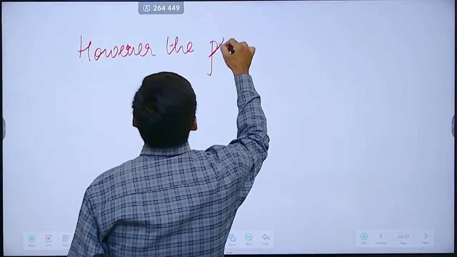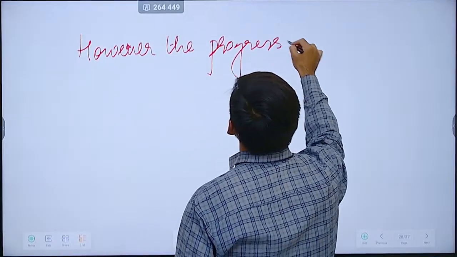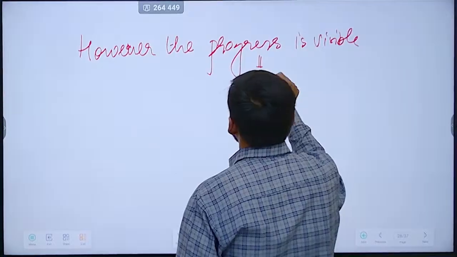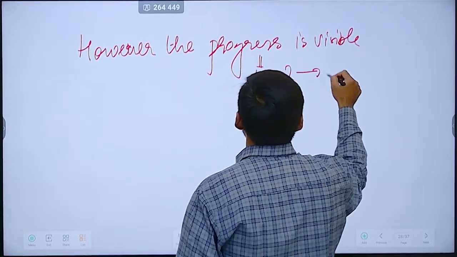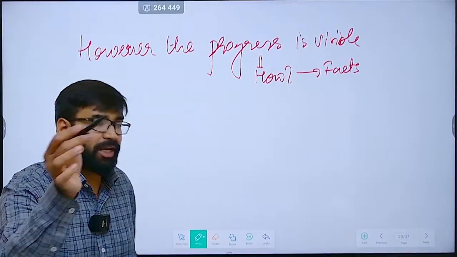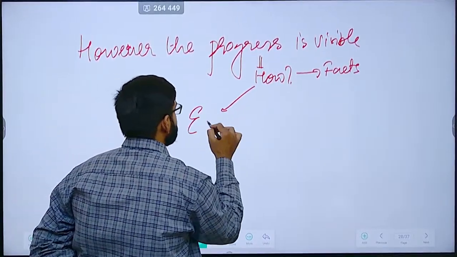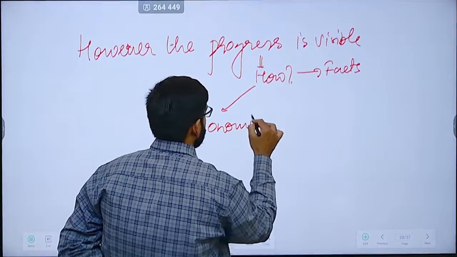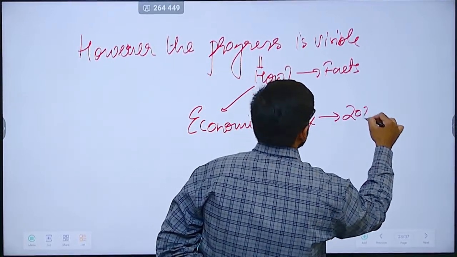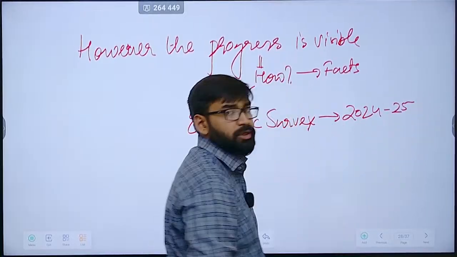the progress is visible. Now, how is progress visible? You have to provide facts. So here you have to mention the facts. You can give the example of the Economic Survey 2024-25.